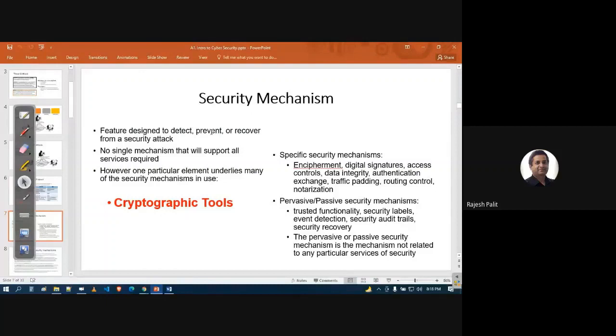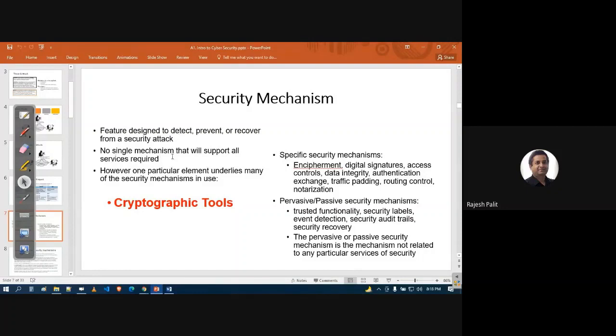If we cannot prevent it, then there will be an attack, so we must detect it, and if we can detect it, we must be able to recover from that attack. That means the changes made by the attacker, we should be able to revert. That is the purpose of a security mechanism.